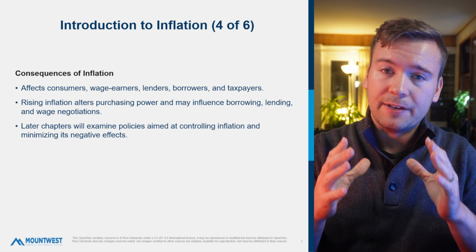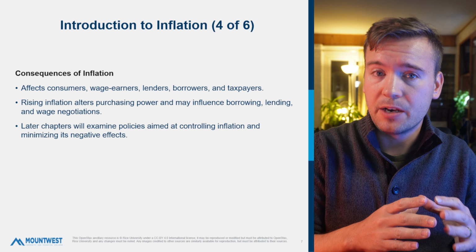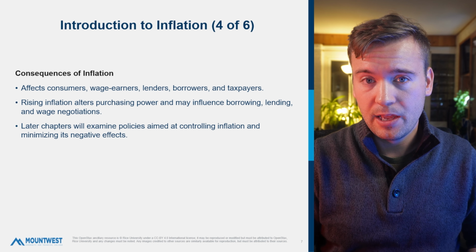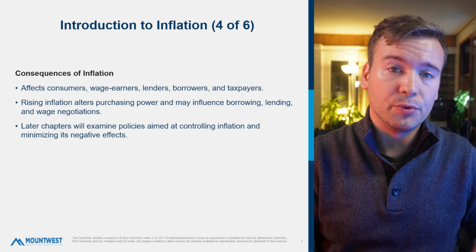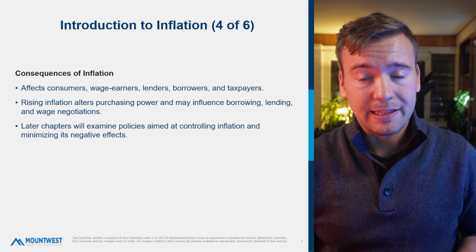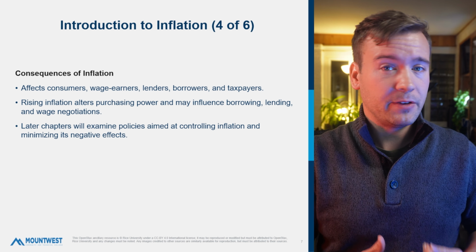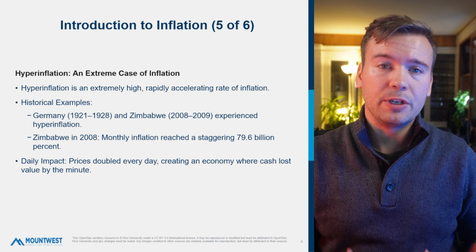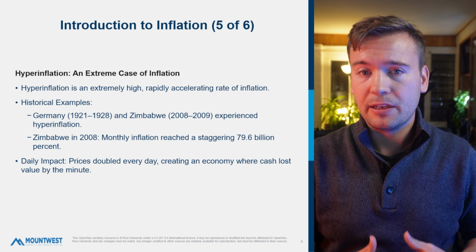Inflation also really affects different groups in the economy: consumers, wage earners, lenders, borrowers, taxpayers. When inflation increases, people's purchasing power changes. And rising inflation can also influence our borrowing, our lending, and our wage negotiations. You're going to find that some people win during inflationary periods and some people lose. One extreme case of inflation is what we call hyperinflation, which is an extremely high, rapidly accelerating rate of inflation.